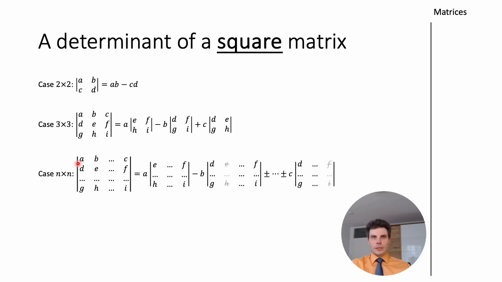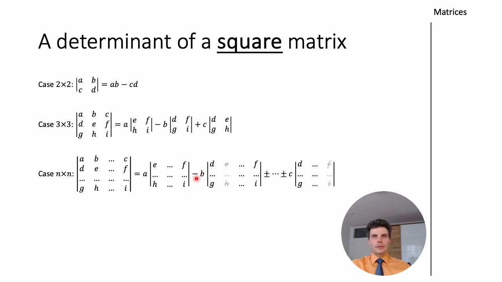For example, in this case, we highlight the number a. We associate this bottom right matrix with the number a and write the multiplication of them. I mean, the product of the number itself and the determinant of the associated matrix.